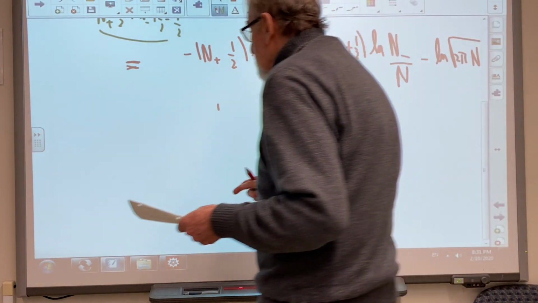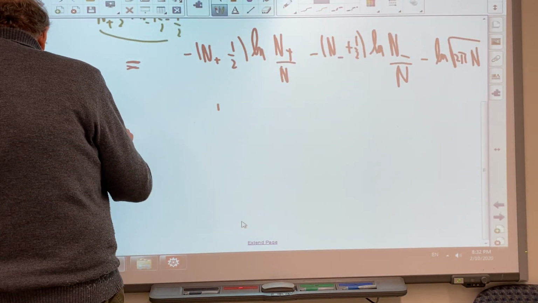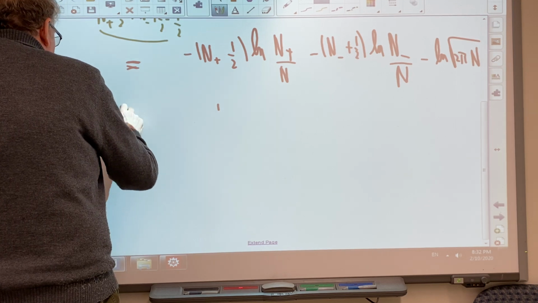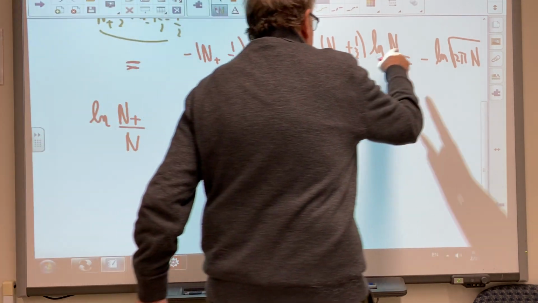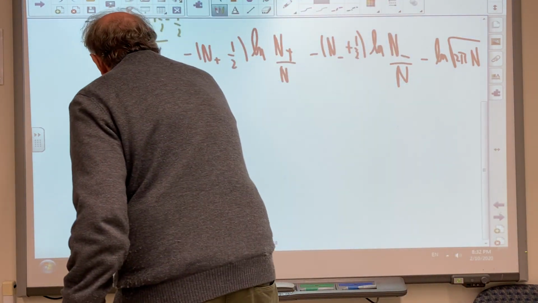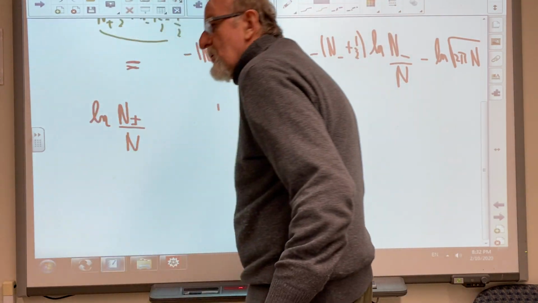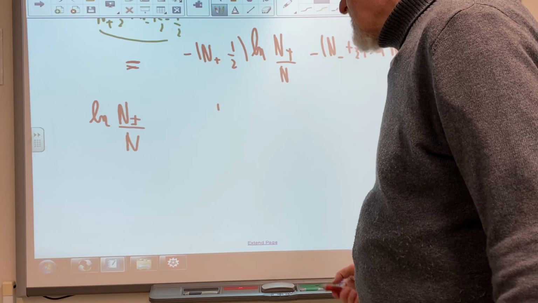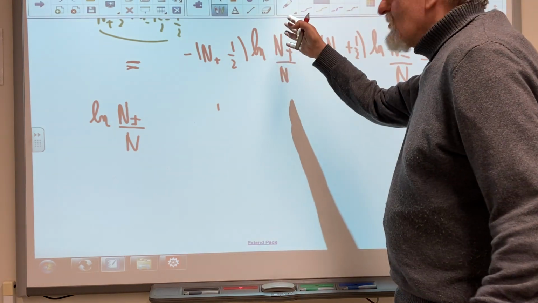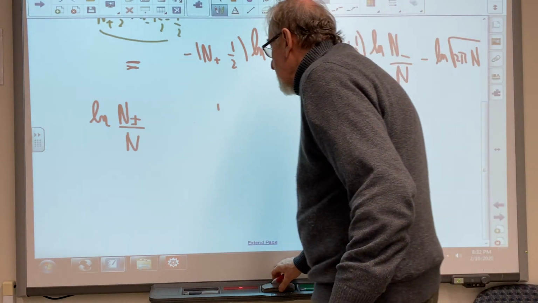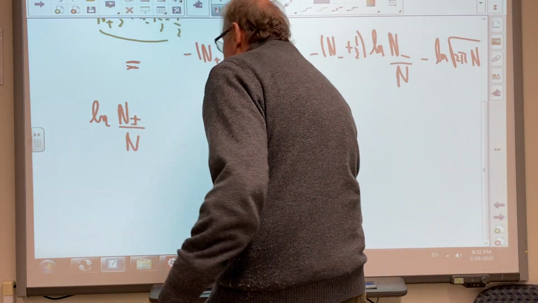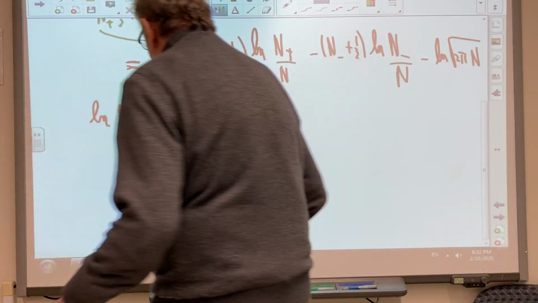So let me actually do this auxiliary thing. The ln of n plus over n, because I need this for the ln of n minus over n. I will write both together. So instead of writing the expression for this and the expression for this, I'll put them plus minus, and then we will replace each one in the proper place.